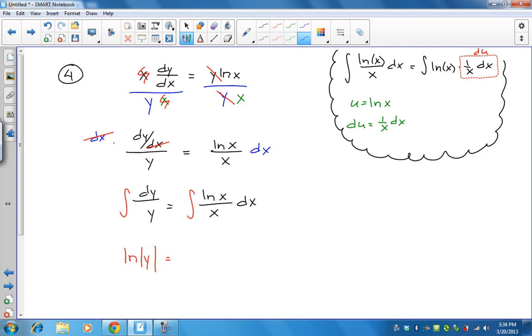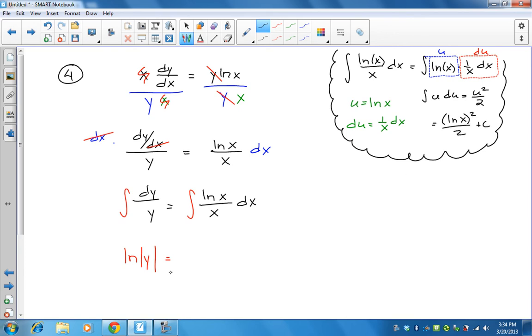And u, ln x, that's my u. So this is simply the antiderivative of u du, which is u squared over 2. And then u is ln x. So the final antiderivative is the natural log of x squared all over 2 plus some constant.